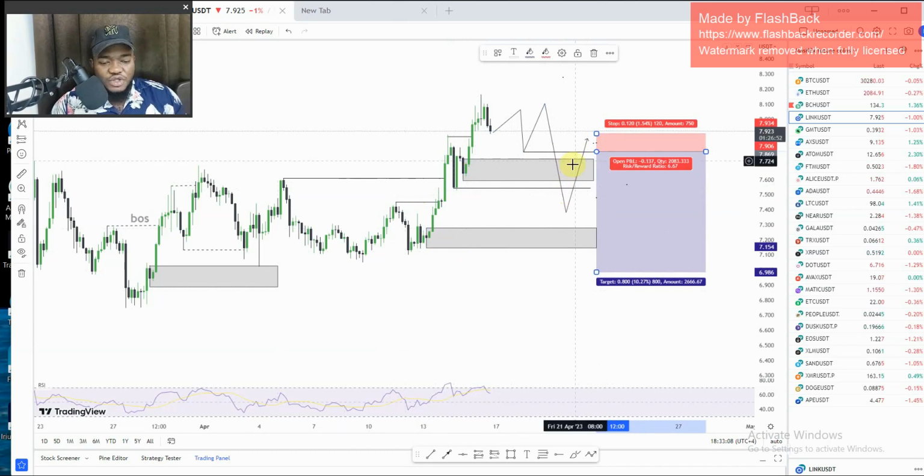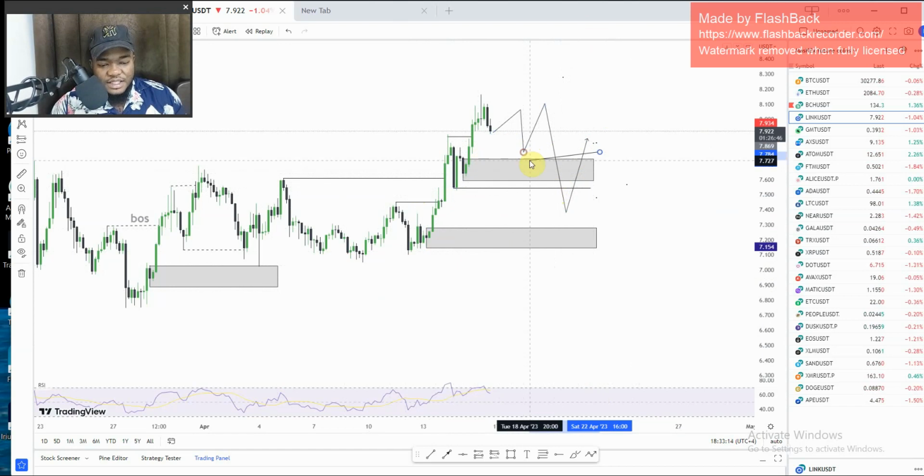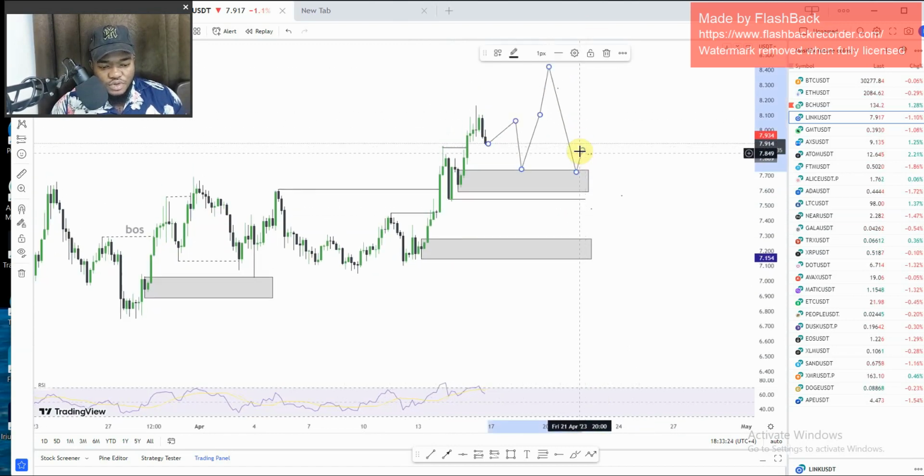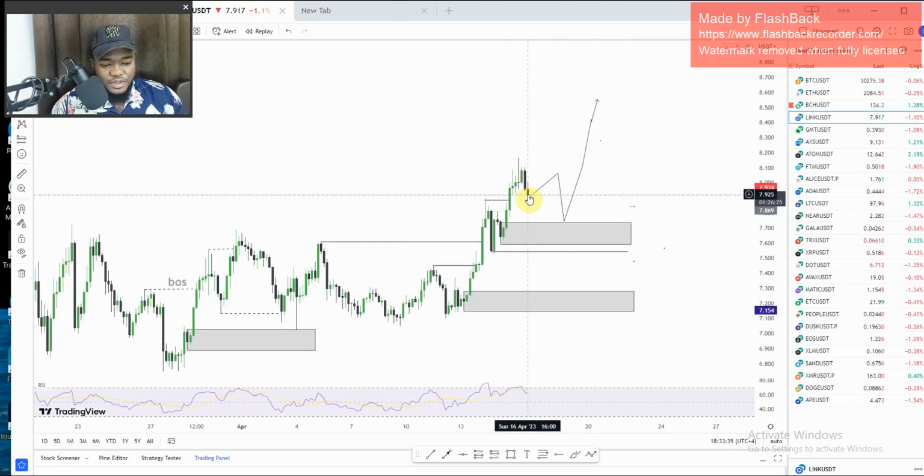But in the situation whereby the price did not create any particular structure here in the first place, and just reached here and continued trending, we will know that the price didn't do anything much. If this order block is to become a good valid entry, we need to pick from here, and once we pick from here, we are going to target more upside in this particular coin.